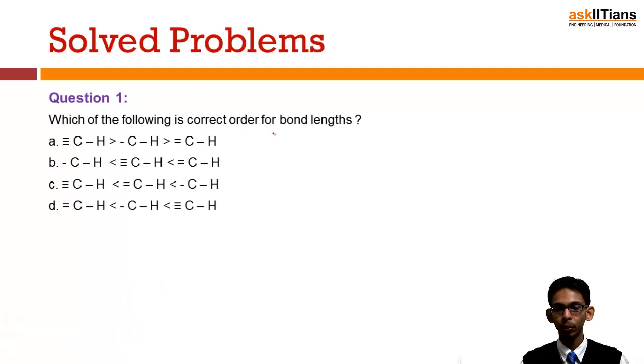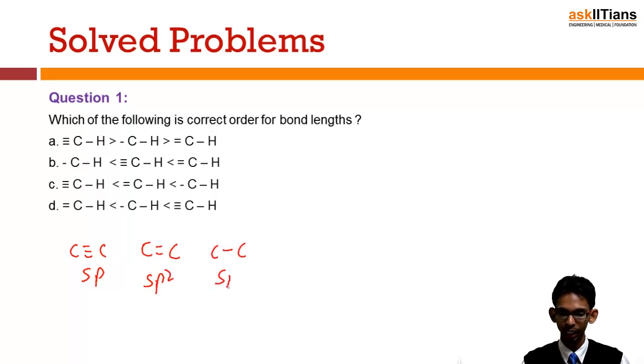Which of the following is the correct order of the bond length? We know that in carbon-carbon triple bond, carbon is sp hybridized, in carbon-carbon double bond, carbons are sp2 hybridized, and in carbon-carbon single bond, these are sp3 hybridized. Now we can see in sp it is 1s and 1p.